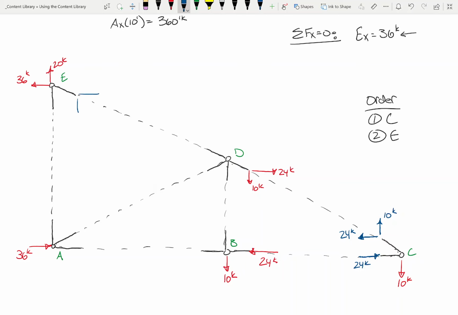Horizontal, vertical, vertical. Tell me what to do. Down is going to be 20. Well, hold on. How many verticals though do we have? How many horizontals do we have? So, what does the horizontal have to be? 36 to the right.